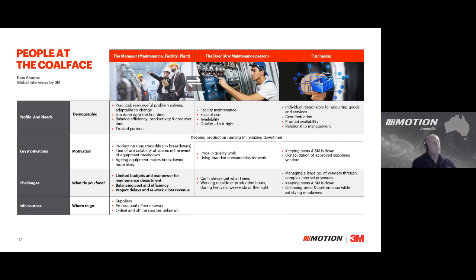Similarly with motivation, from fear of unavailability of spares, to pride in quality of the work for maintenance people. And in the purchasing area, these can be keeping costs or even reducing SKUs down in production plants.